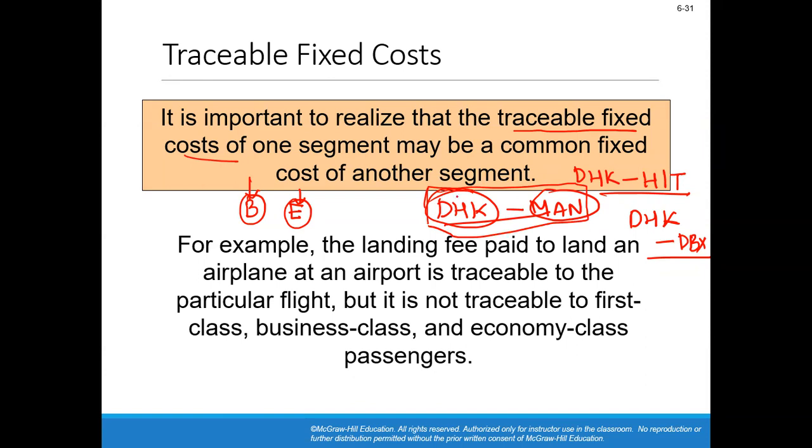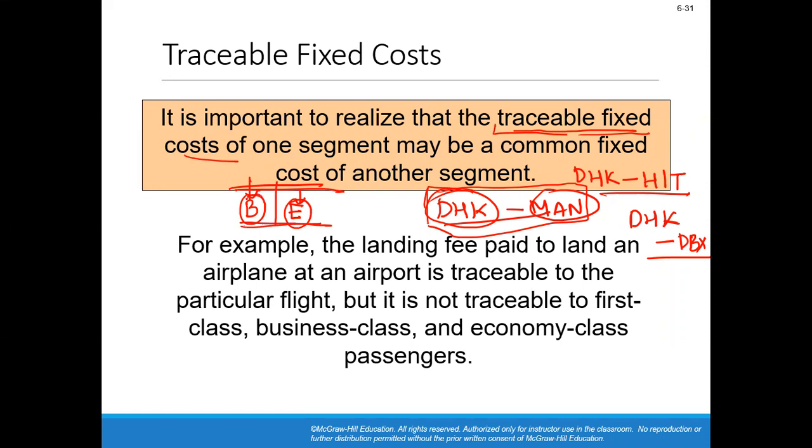But within this route, the flights include business and economy class. So their landing fee, which is a traceable fixed cost here, has become a common fixed cost for this segment.